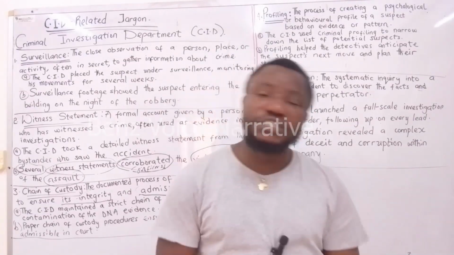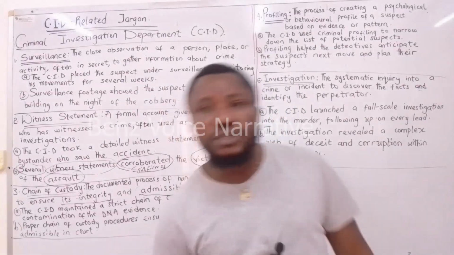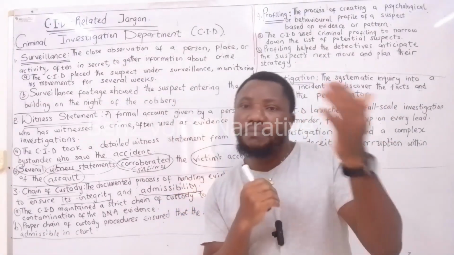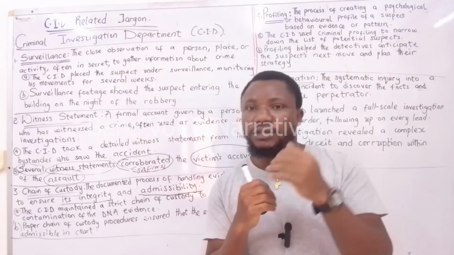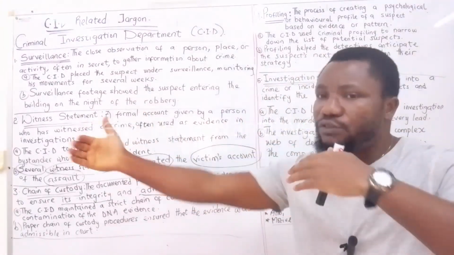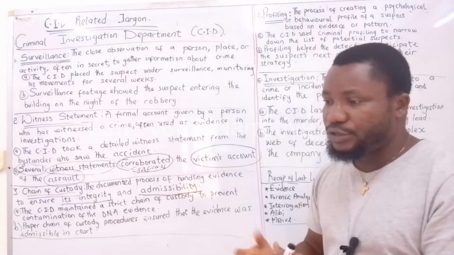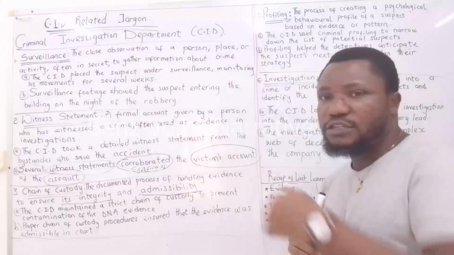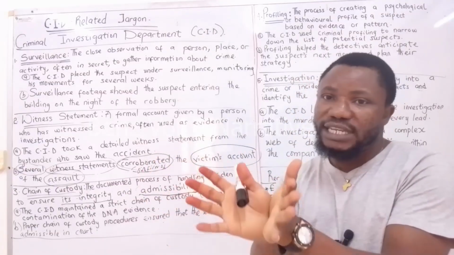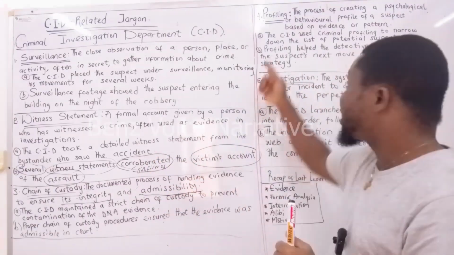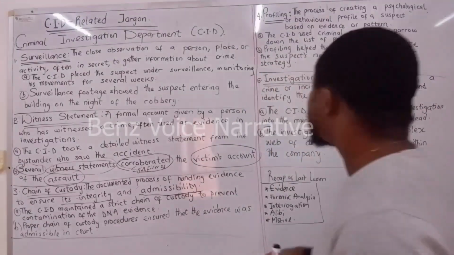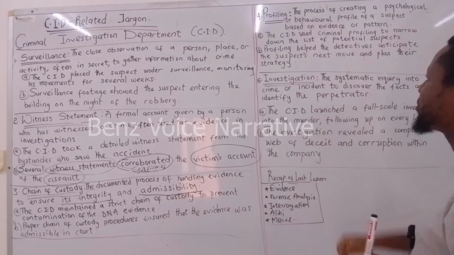Does he walk with his head shaking? All of these behavioral or psychological patterns of how a suspect behaves, when you begin to put all of this together to pin a suspect into the actuality of the evidence or the lead that was given in the first place, that process is what is called profiling. And finally, let's have example sentences.